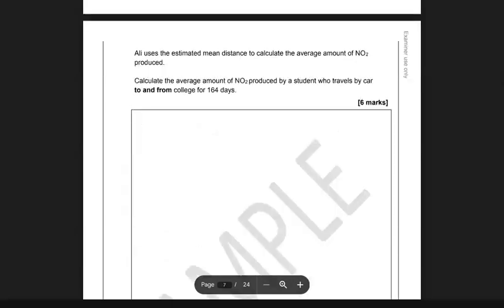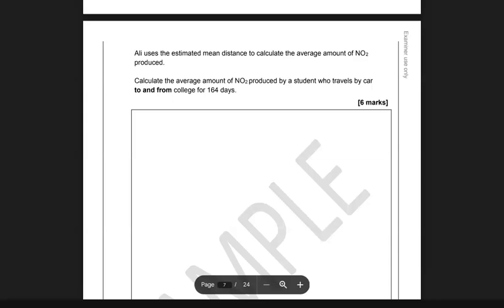ATHE estimated the mean distance to calculate the average amount of nitrogen oxide produced. Calculate the average amount produced by students who travel by car to and from college for 164 days.